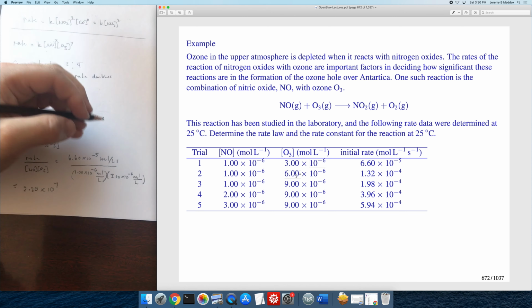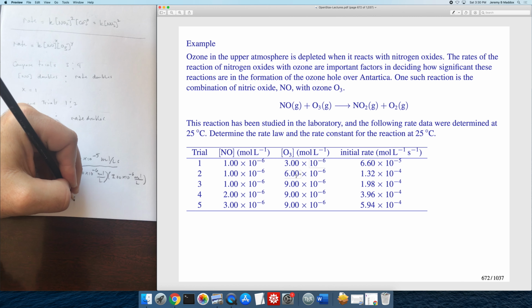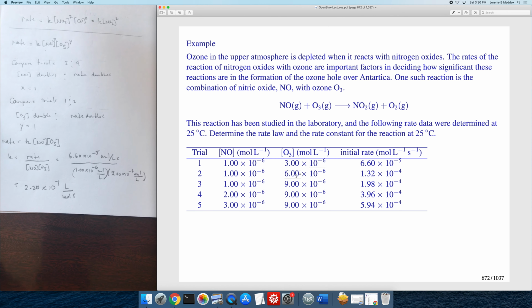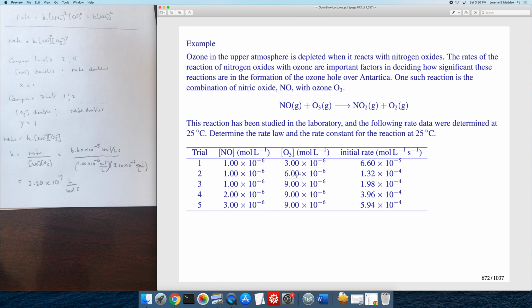What will the units be? We're going to have liters per mole per second. Okay, so this demonstrates the initial rate method, and what I call this is the eyeball method, which works very nicely when the concentrations double.